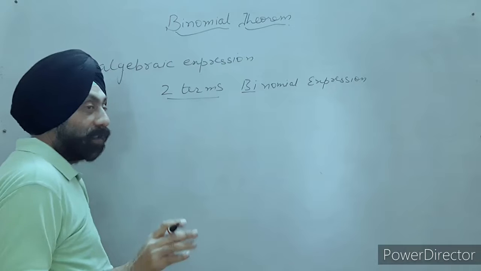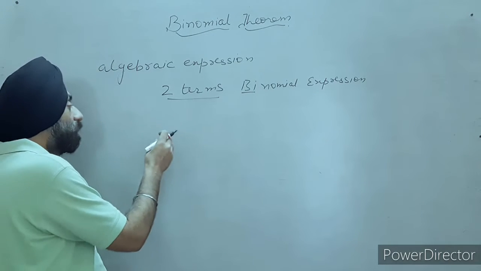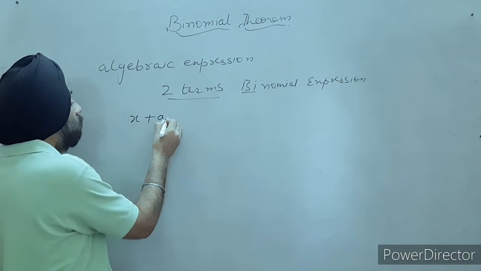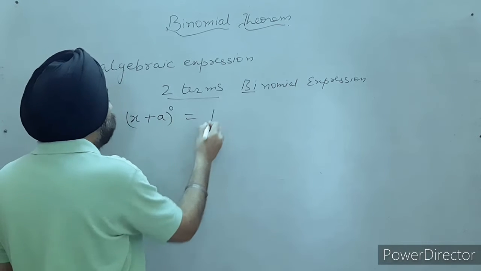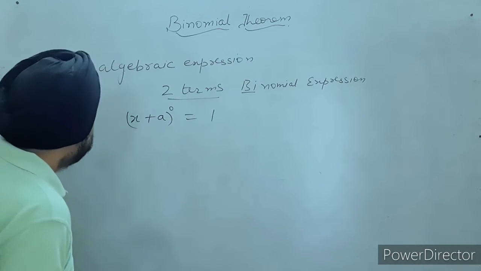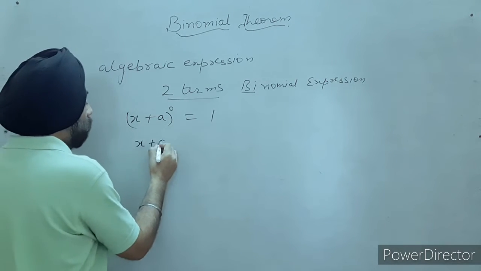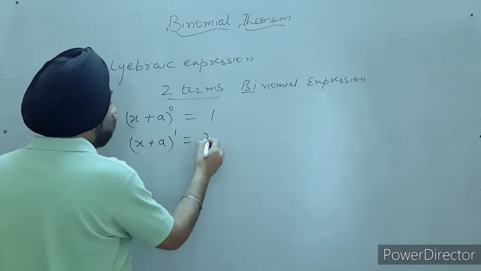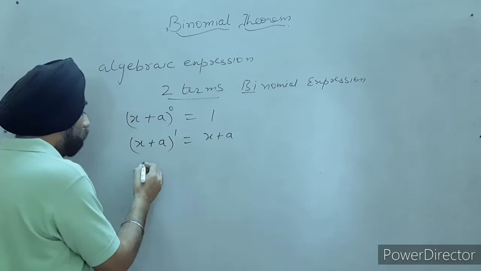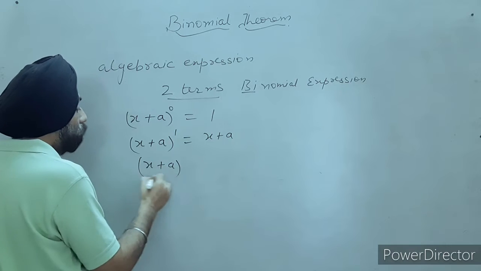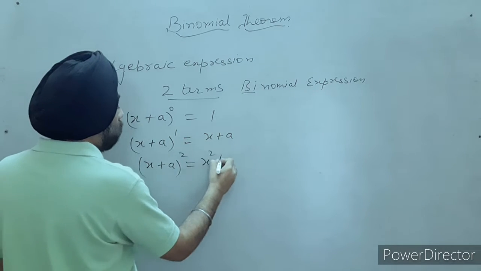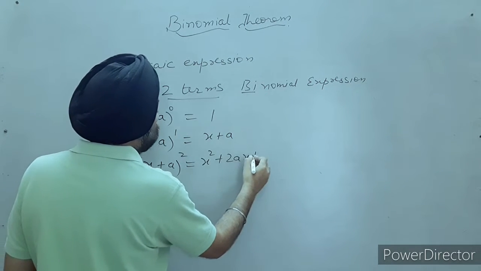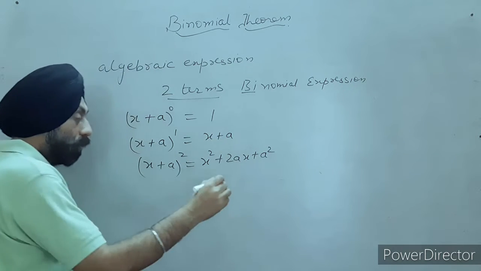Now, till now we have learned how to expand, say, x plus a raised to power 0. We know the answer, anything raised to power 0 is 1. Now, x plus a raised to power 1, it is x plus a. x plus a raised to power 2, we can expand this also like this, plus a square, and so on.